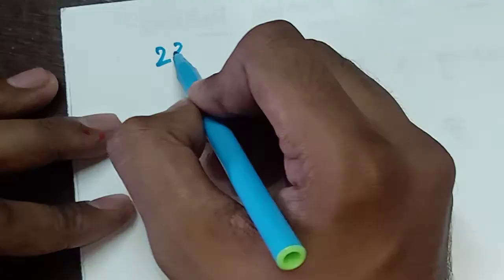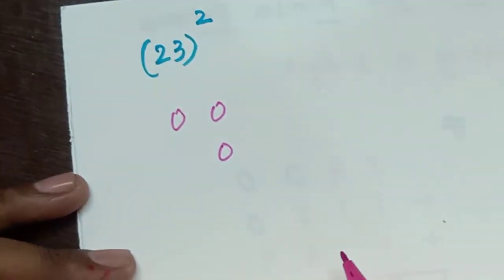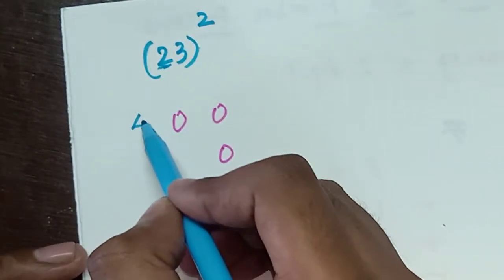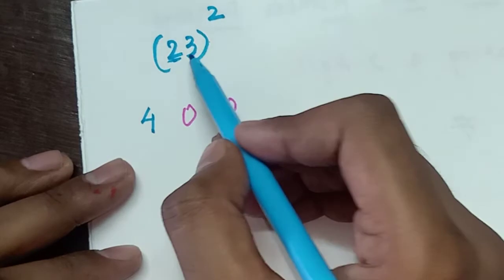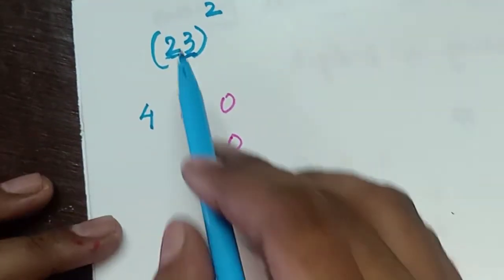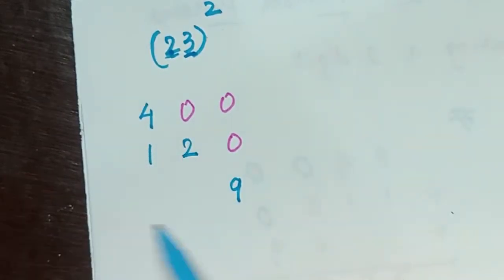Okay, so let us pick up another number, big numbers and small numbers. Let's start with some small numbers. Suppose, let's say, 23 squared. I want to find the square of 23 with this method. As you know, put 3 zeros like this, and now the successive squares. 2 is the first digit, so write here the square of 2, which is 4. 3 is the second digit, so 9, which is its square, and in between 3 2s are 6, and then double it, 12, so the answer is 12.